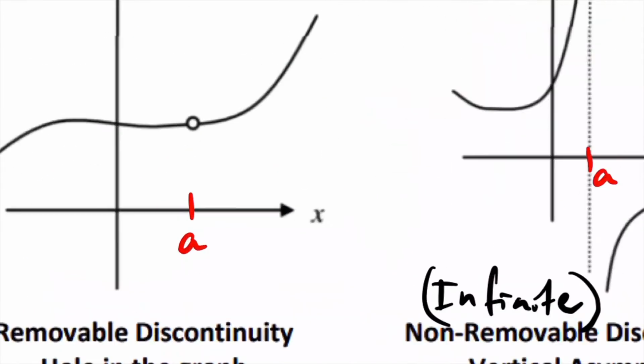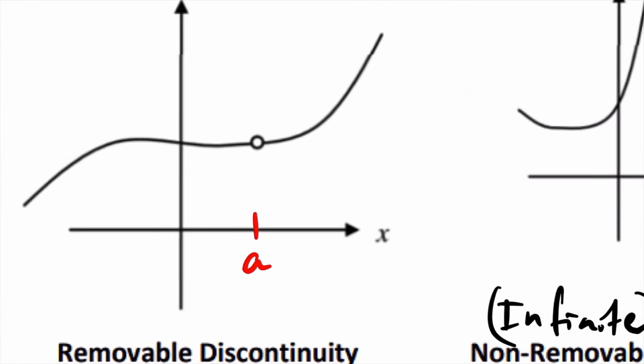If you were drawing this graph on your paper, would you have to pick up your pencil to draw this one? I could draw it like this, but I can't keep going through because it's a hole. So I would go here, hole, and then go. Yeah, I would need to pick up my pencil.